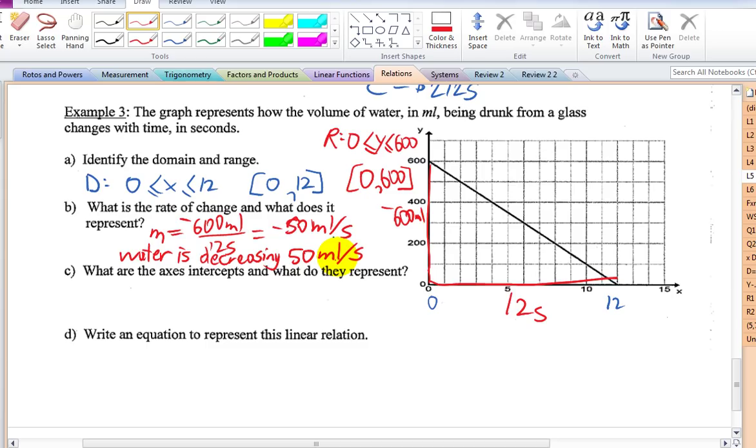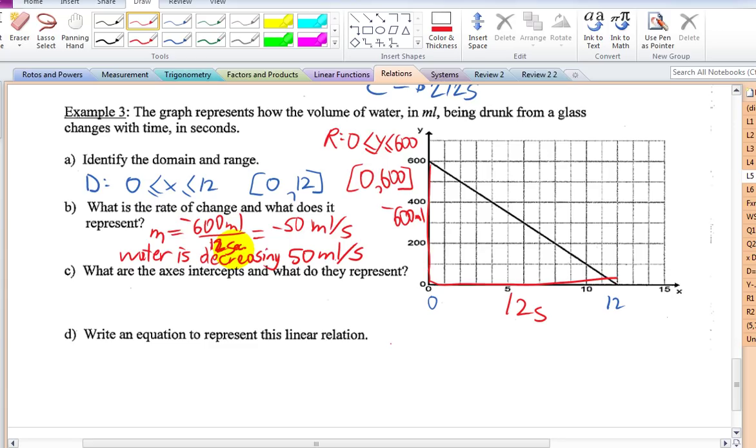That's what the negative sign is telling you. Water is leaving the glass. Ashley? Oh, 12 s, yeah. It's 12 s. There you go, 12 seconds.